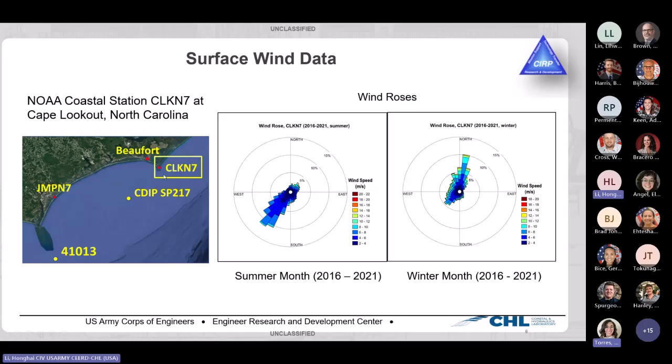The wind data we get is from Cape Lookout, North Carolina, station CLK7, a NOAA station. The left-hand side of this figure is the summer wind rose, and the right-hand side is the winter. In terms of wind, there are 2 distinct wind patterns here: summertime is mostly southwest, and wintertime is northeast.